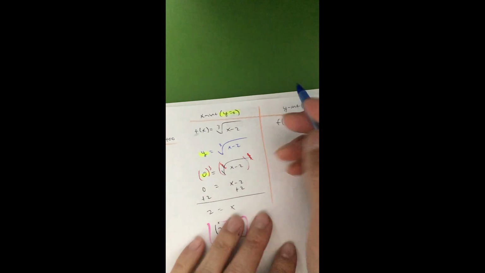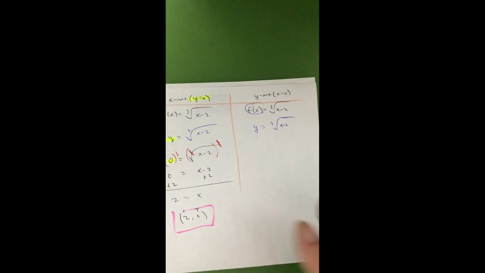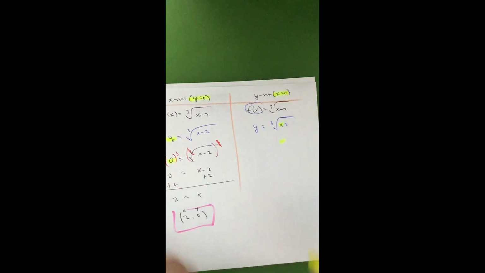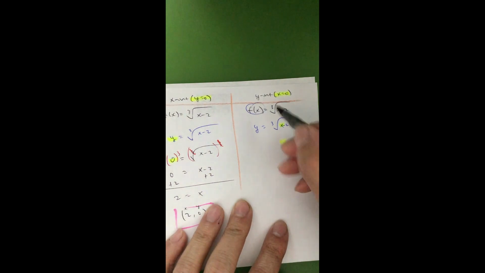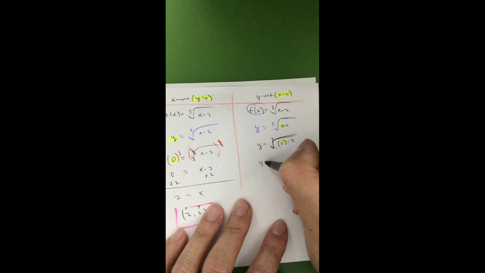Let's do the same thing. Change the f of x to a y. Okay. Do our substitution. So I have 0 minus 2. So I have negative 2.